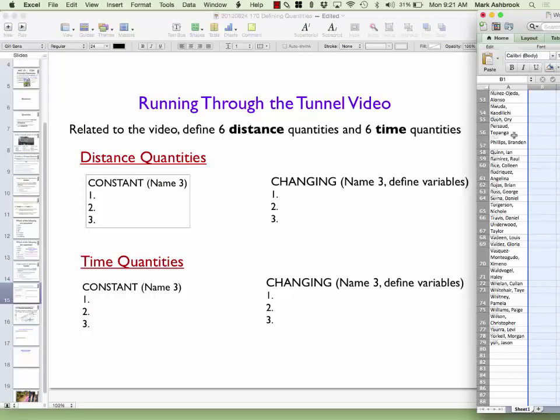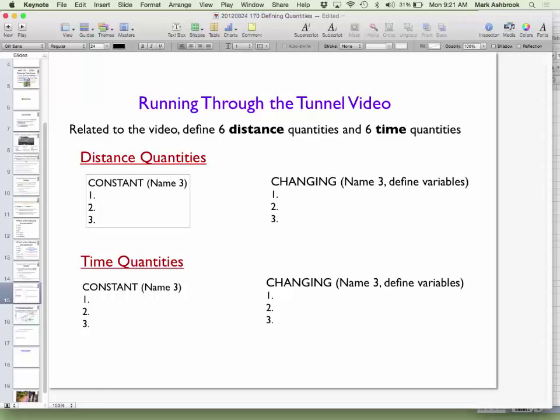Where's Topanga? Tell me a constant distance quantity that you came up with. Total distance ran. Is it a quantity? Is it constant? Is it fully specific?